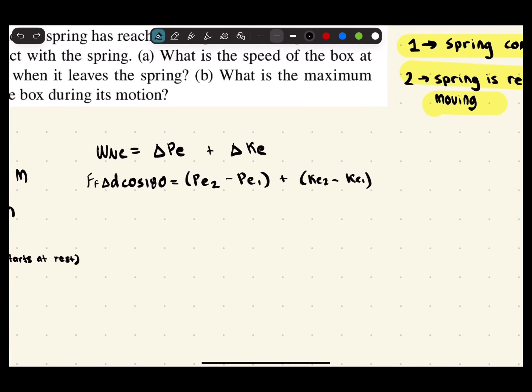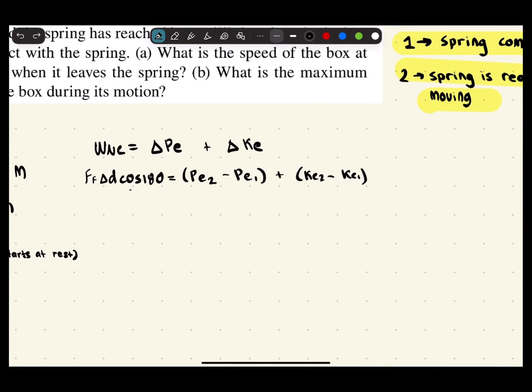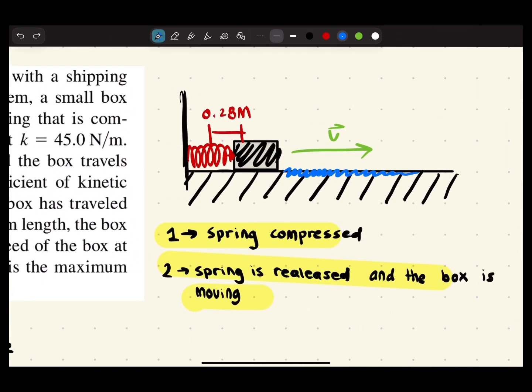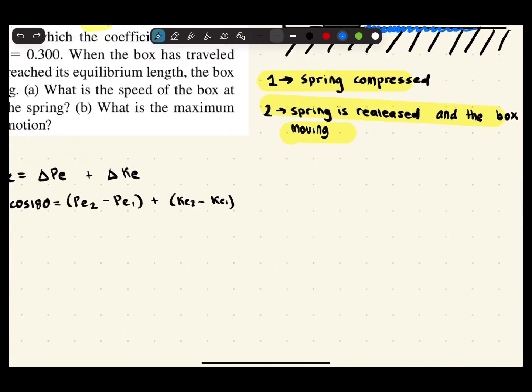The reason why I included cos 180 is because the box is moving this way, but friction is acting 180 degrees the opposite way. Let me draw that here.